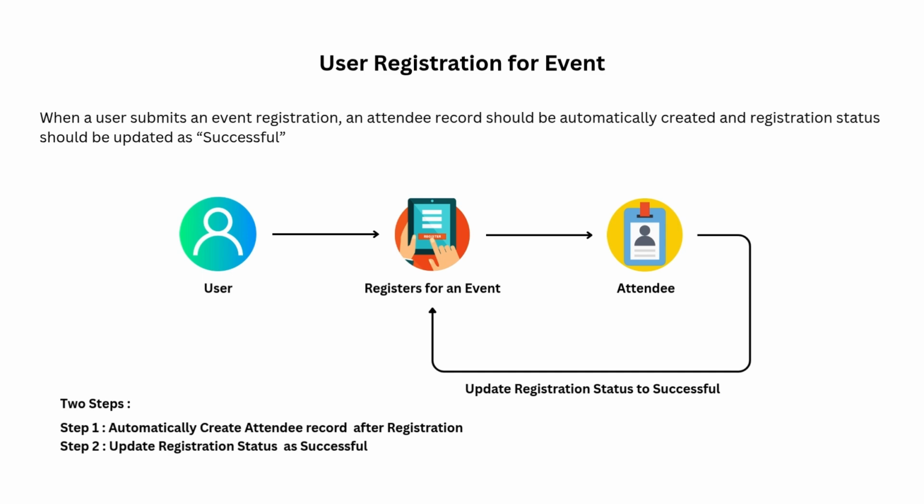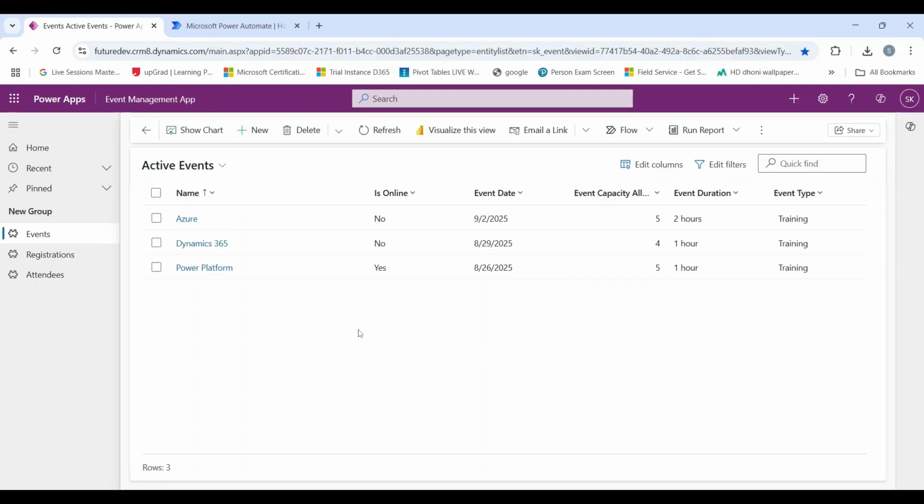So we will dive into Dynamics and Power Automate now to see the working of this example. All right, let's get started. I am in a Dynamics 365 environment, where I have created a simple event management application which has three entities: event, registration, and attendees.